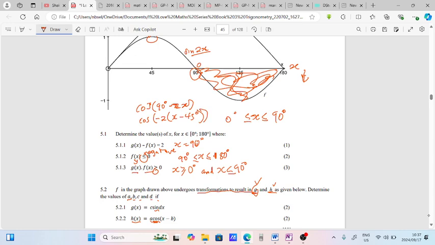Then we know that the cos of a negative angle will be positive. So that will be cos 2 into x minus 45 degrees. So the value of b must be negative 45. Right? When I get the value of b.